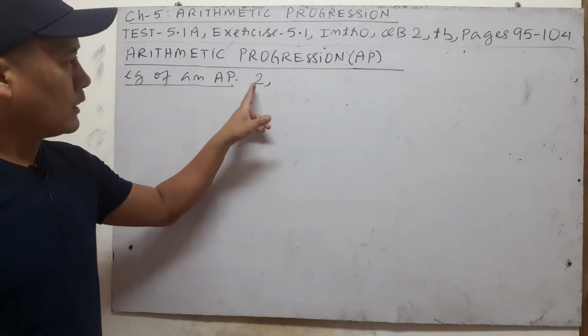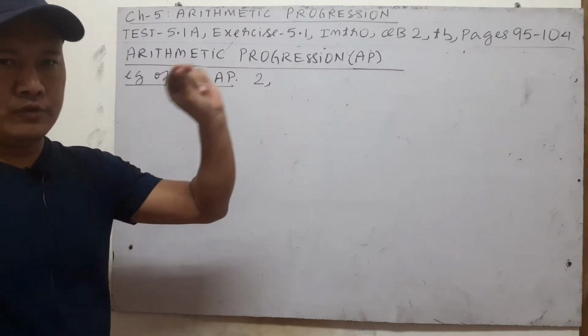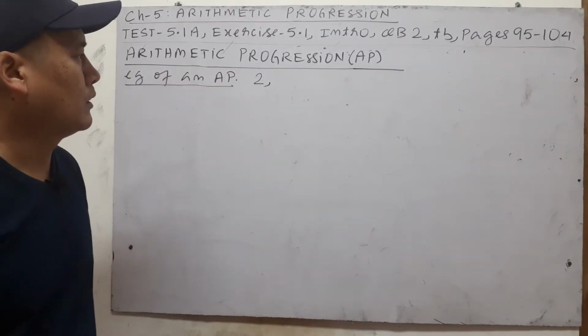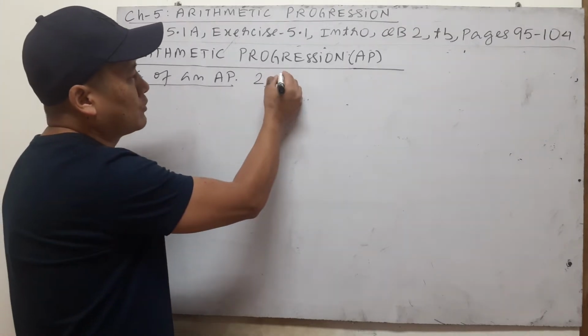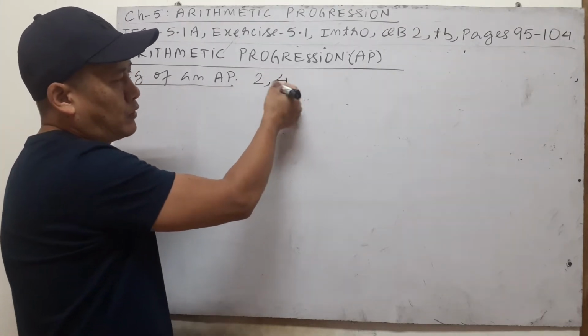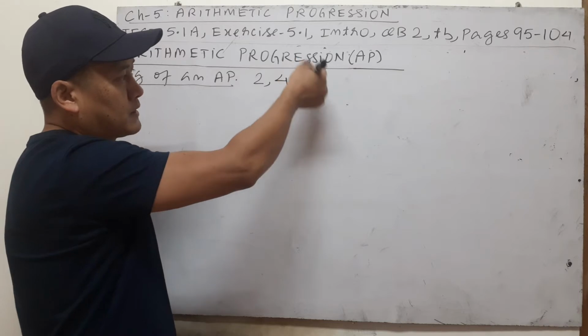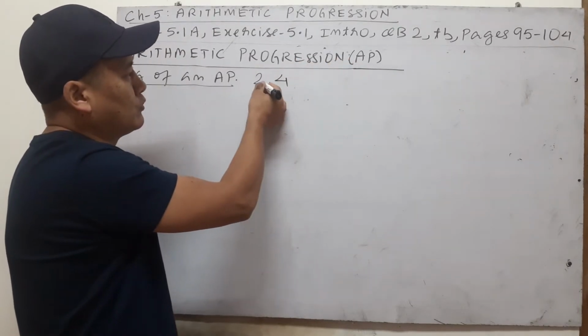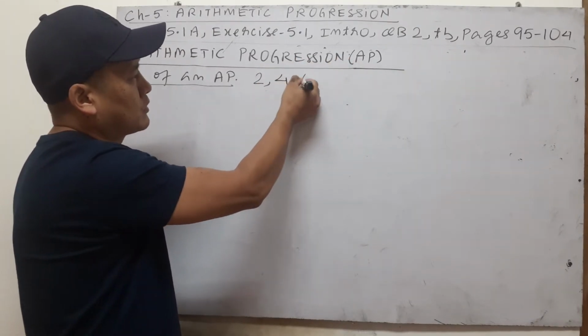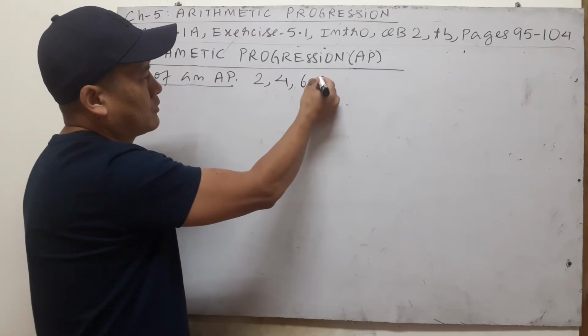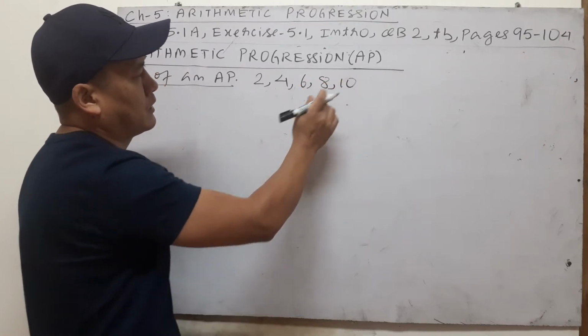To the first term you add a number that you choose. 2, then 2 plus 2, 4. Once you've chosen, use the same fixed number, not changing. 2 plus 2, 4, then 4 plus 2, 6. Then 6 plus 2, 8, 8 plus 2, 10, etc.